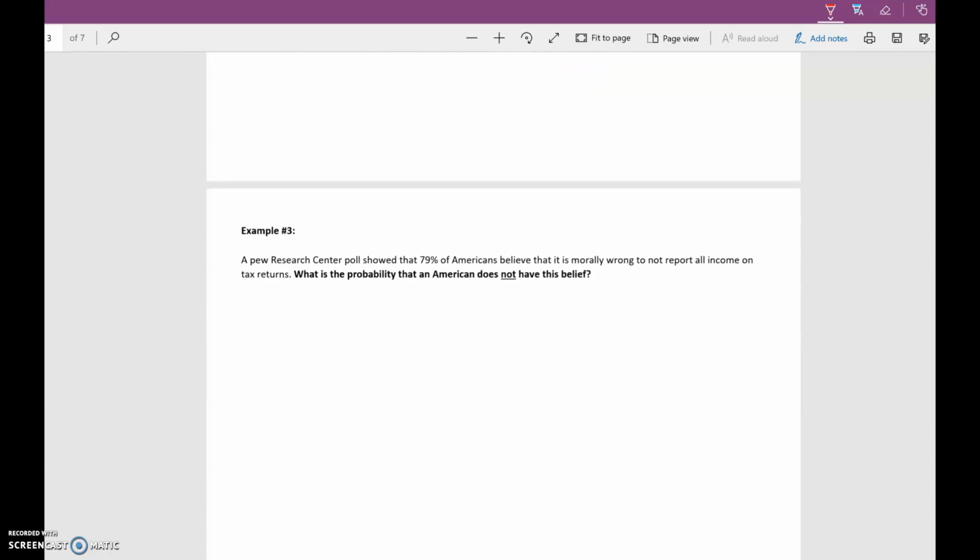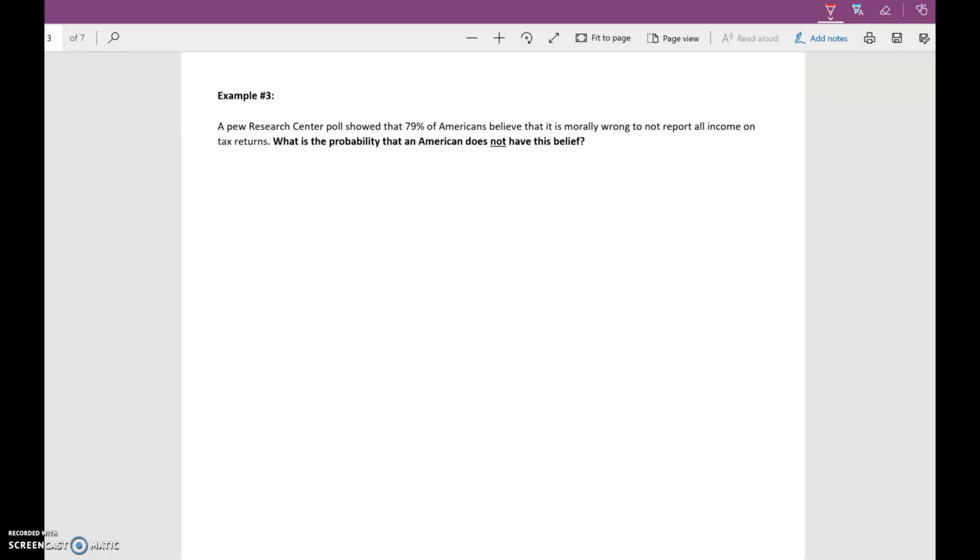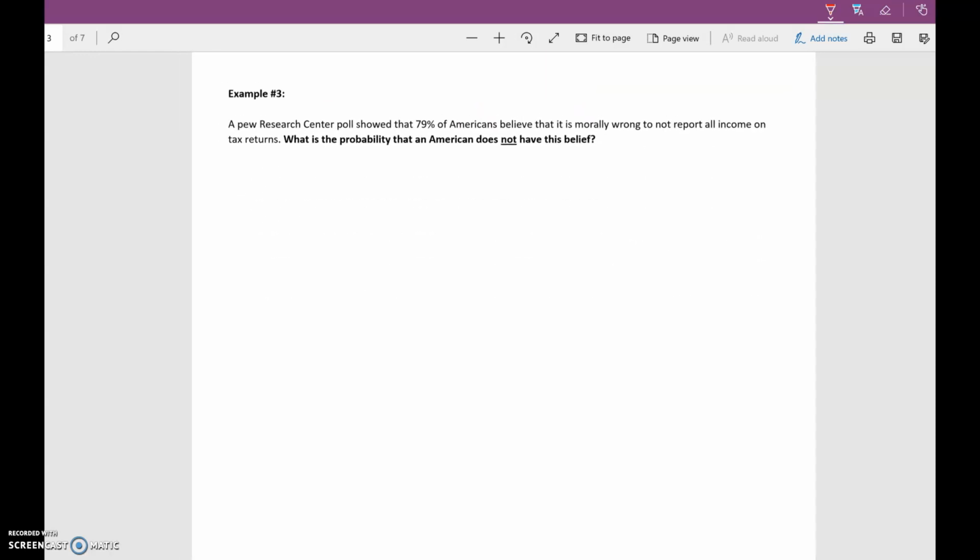Let's take a look at example 3. In this case, the event is to believe that it is morally wrong not to report all income on tax returns.